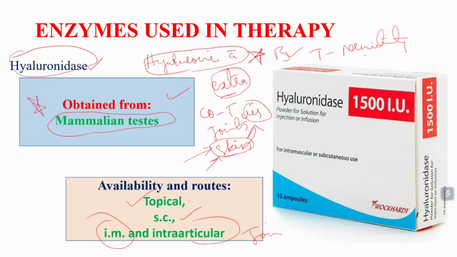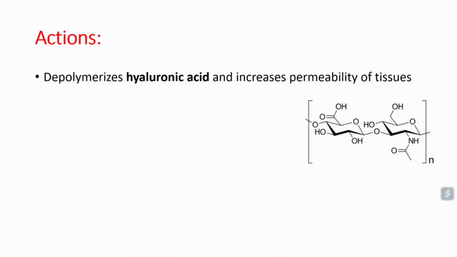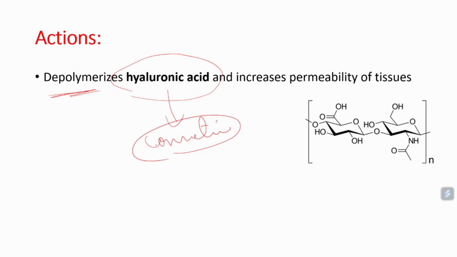And other important points, let me add here. As I was explaining, the action of hyaluronidase enzyme is that it depolymerizes hyaluronic acid, because hyaluronic acid is the major component of certain connective tissue. In connective tissue, this hyaluronic acid increases the cell density. For example, if we imagine the skin cells, in the skin the extracellular matrix has hyaluronic acid as its main component.